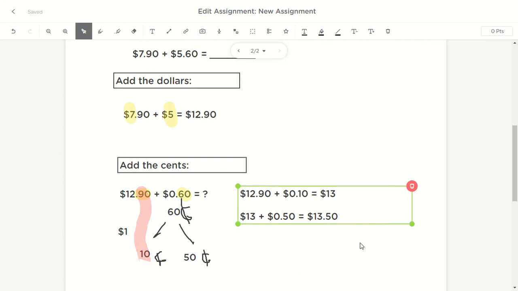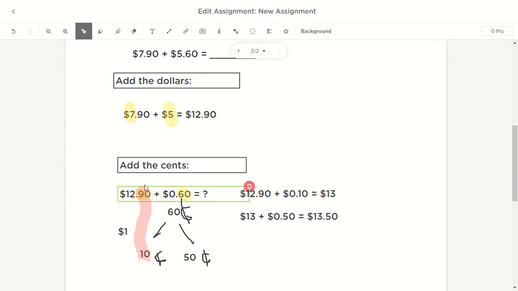Okay, so what is good about this method is that once you break up in a way that you can form the whole dollar, it is very simple. Then after that, the remainder is just a whole dollar plus the cents, so you just need to combine both parts together, and that's the beauty of this method.